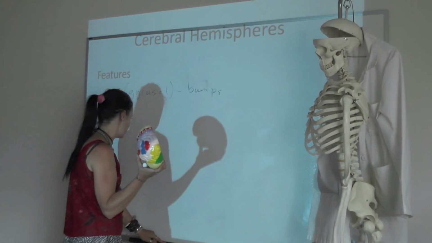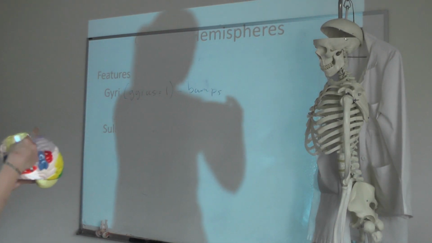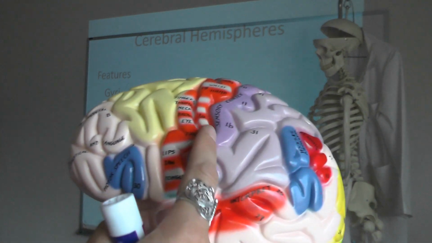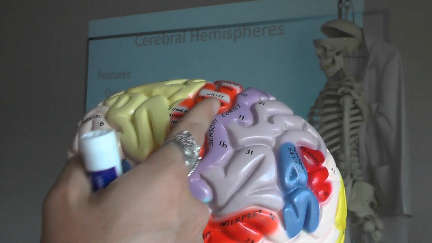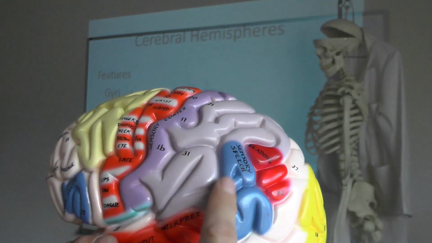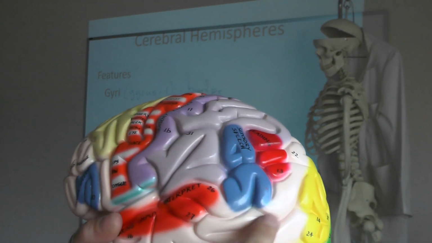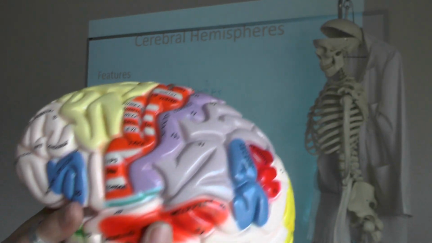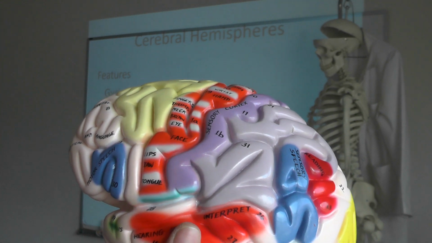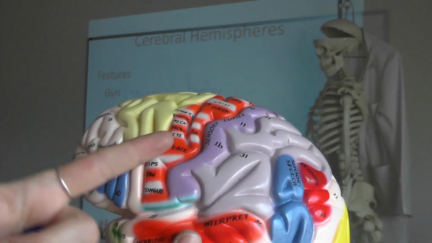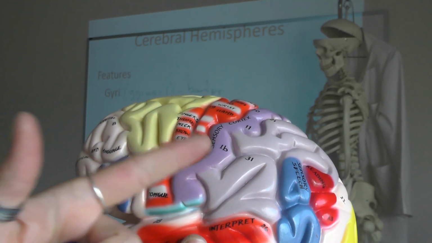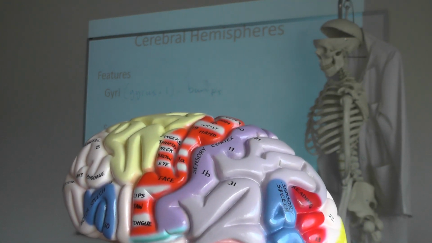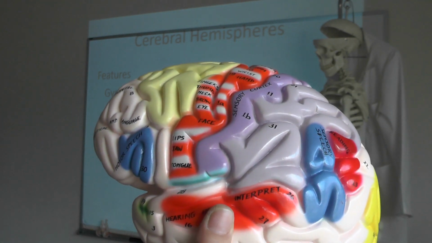So the other surface feature, sulci. Sulci are the dips. This is the central sulcus. So the shallow dips in the brain are sulci. One is a sulcus. This is the central sulcus. When we're looking at specific gyri, like this is the precentral gyrus, postcentral gyrus, those are really the only specific gyri you need to know, and we'll talk about why when we move through lecture.